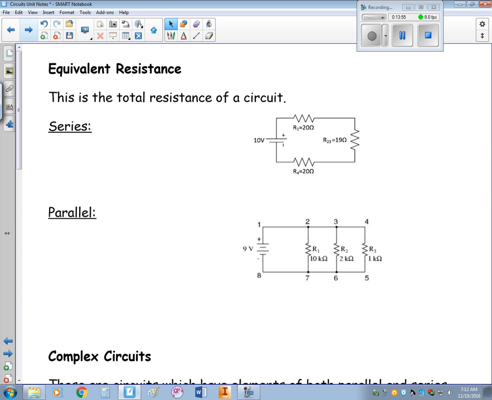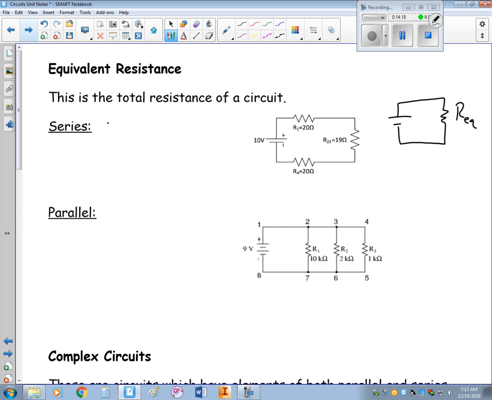Okay, the next thing I want to talk about is equivalent resistance. So what that means is I can take any circuit and take all the resistors in that circuit and represent them as one resistor. That one resistor would be the equivalent resistance, or it's like the resistance of the entire circuit.